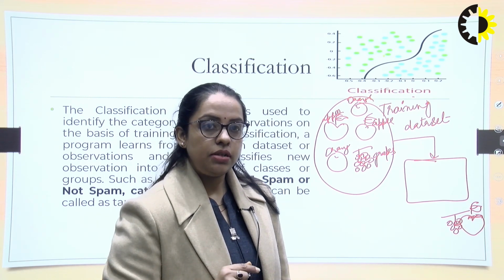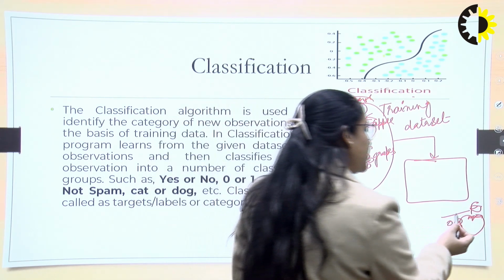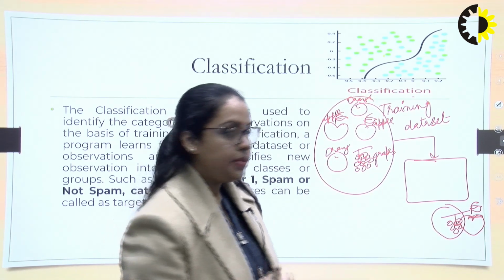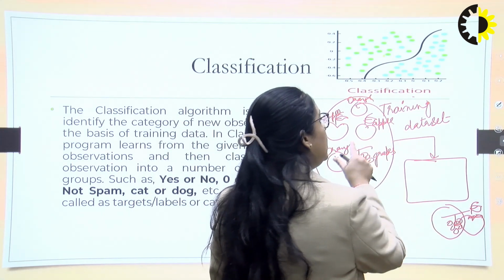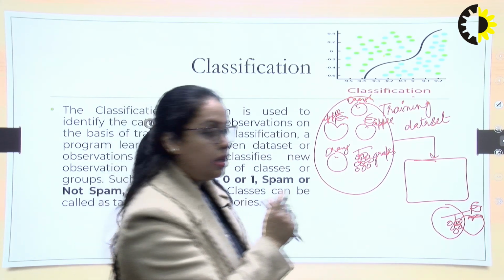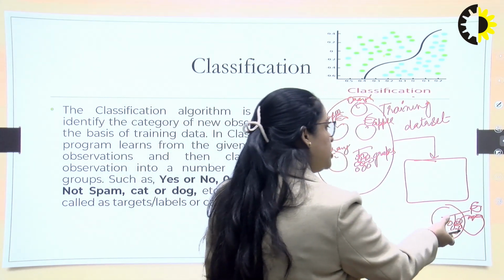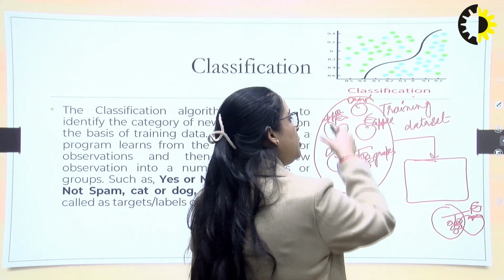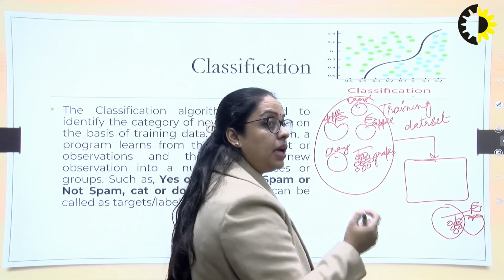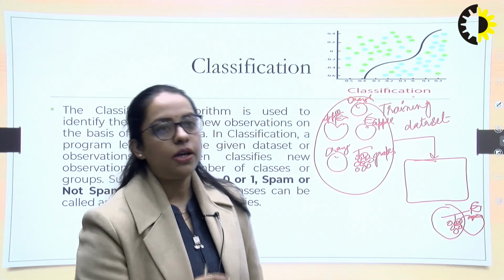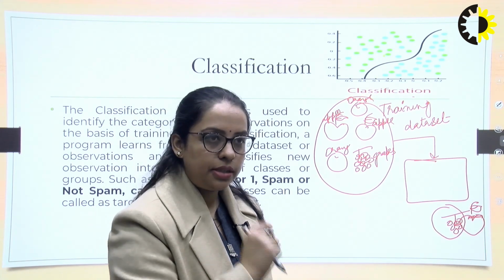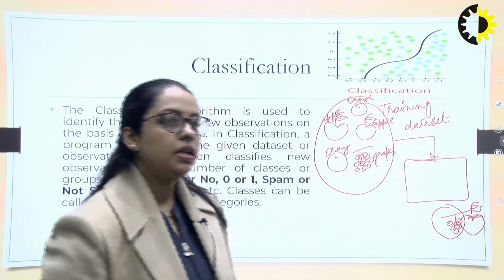So what will the machine do? The machine will take one test data at a time and match it with the prior experience, the training data it has received. It will map the image with each and every image of the fruit, and over whichever image it gets mapped, it is classified into that particular group. This is classification.